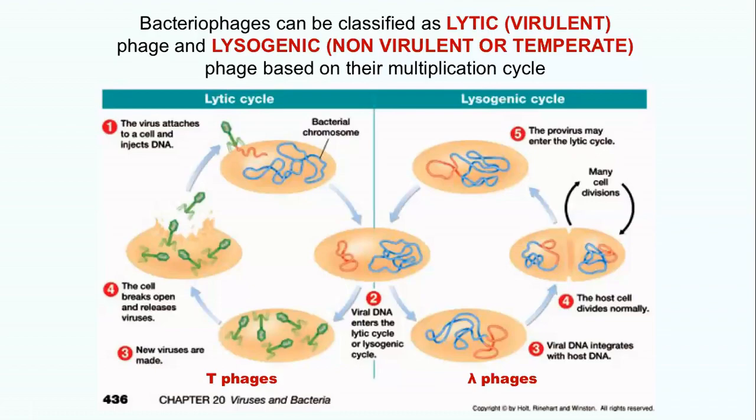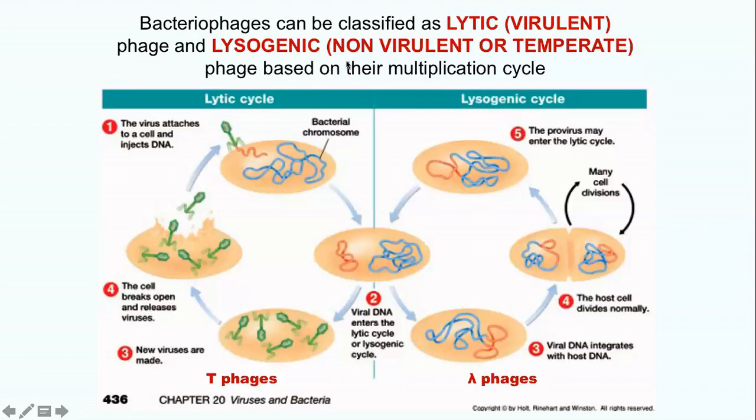But once it gets some shock, the provirus detaches into the viral DNA and the bacterial DNA. Once this induction process takes place, it enters into the lytic cycle. In the lytic cycle, biosynthesis takes place, assembly takes place, and finally the virions are released by disrupting the bacterial cell wall. So this is what happens in the lysogenic cycle.